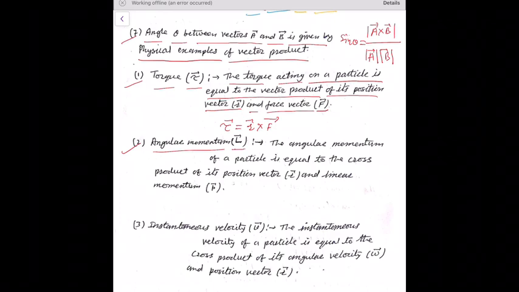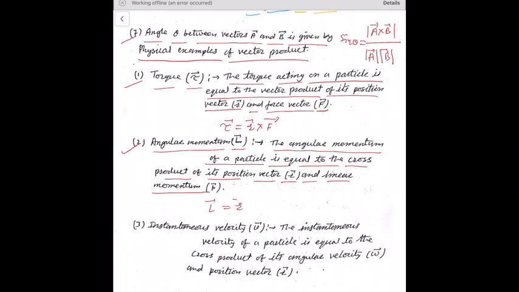Second, angular momentum, represented with L vector. The angular momentum of a particle is equal to the cross product of its position vector r vector and linear momentum p vector. Thus, L vector is equal to r vector cross p vector.